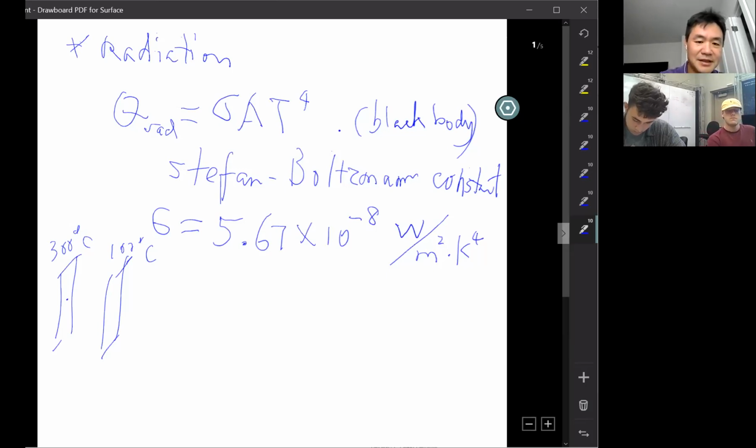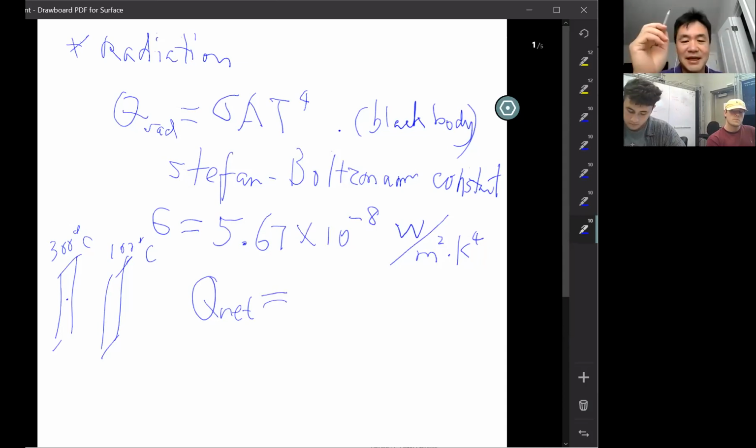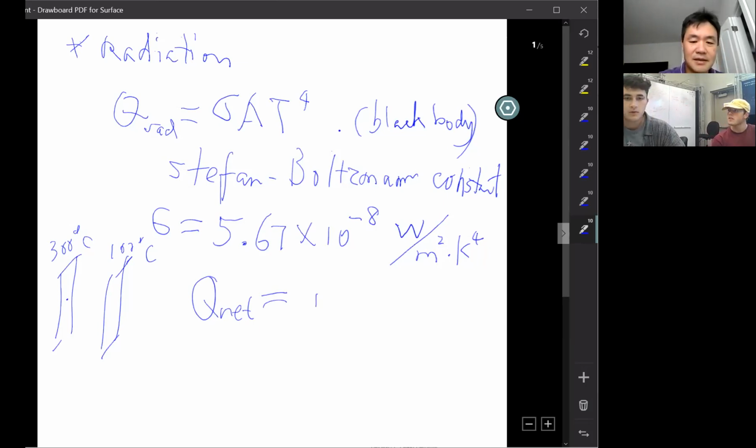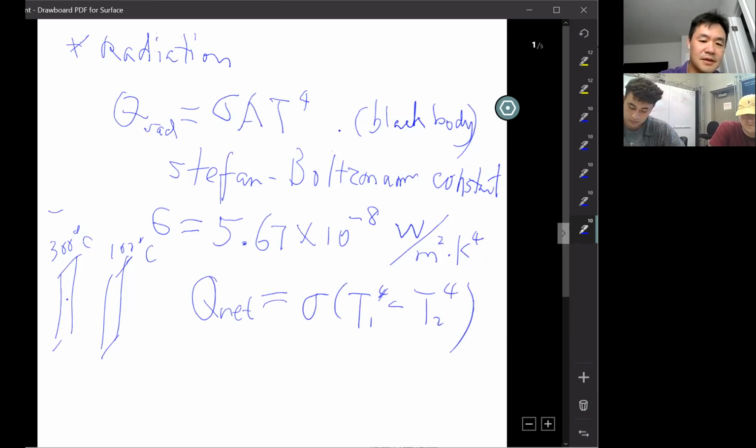The net heat transfer rate, if it's still 100%, black body, both of them black body, no loss, will be sigma times T1 to the power of 4 minus T2 to the power of 4.